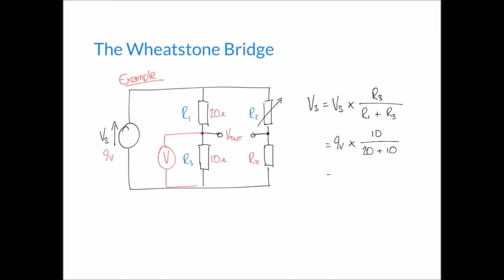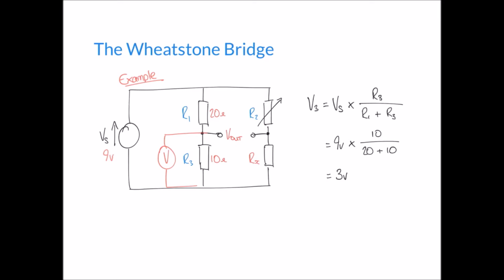That comes out as 3 volts, so we have a voltage of 3 volts at this point here. Remember, the aim is to balance this circuit for the difference in voltage between the left and the right-hand side to be 0. And so if this side is 3 volts, we also want this side to be 3 volts as well.